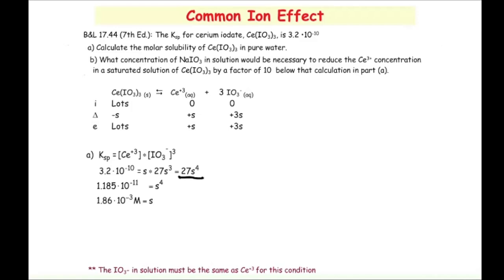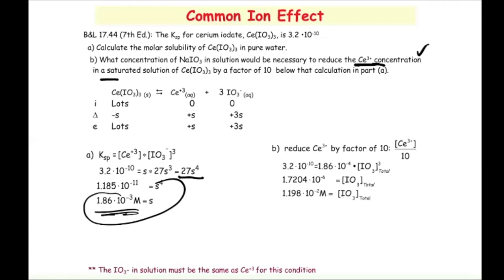And then we use that answer to solve the second. What concentration of sodium iodate in solution would be necessary to reduce the cerium concentration in a saturated solution by a factor of 10? When we reduce this by a factor of 10, all we've got to do is divide it by 10. To reduce cerium by a factor of 10, we divide that number by 10.